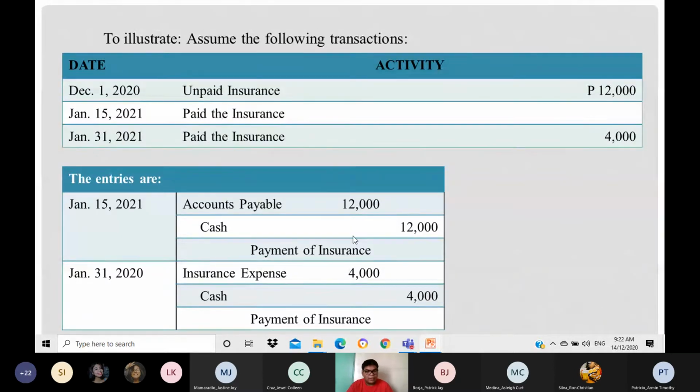So magkakaroon ka ng problema sa pag-record ng income. Also, all collectibles will be lumped together in the account of accounts receivable, so hindi mo siya ma-express mabuti, let's say, income from insurance or income from rent. So, nangyari lahat naka-AR lang.